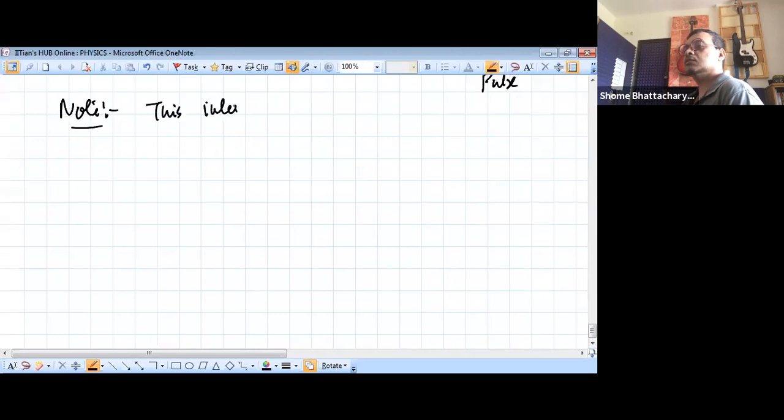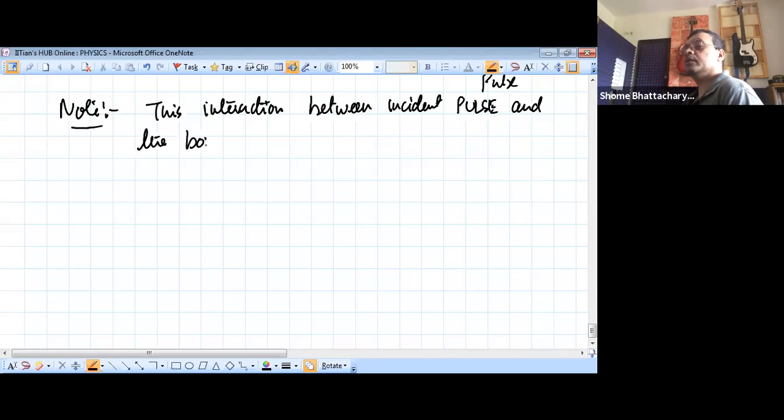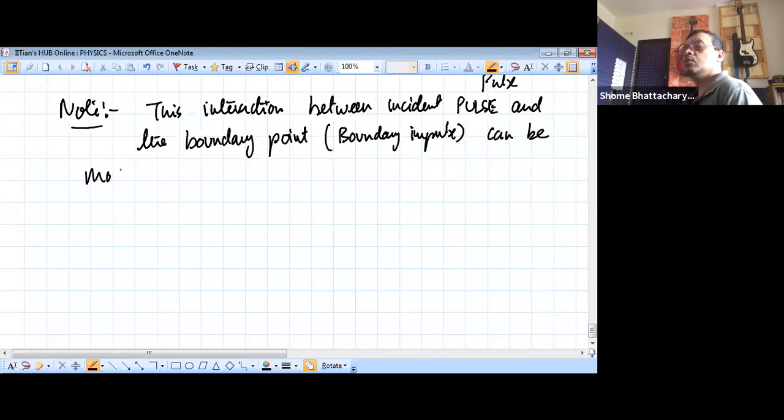Okay. So this whole situation, this interaction between the incident pulse and the boundary point, or the boundary impulse, as it interacts, can be modeled as the following.